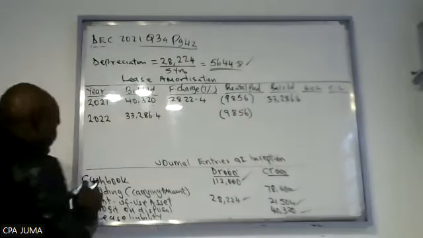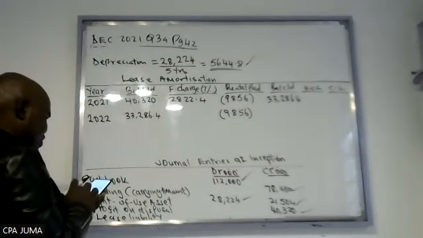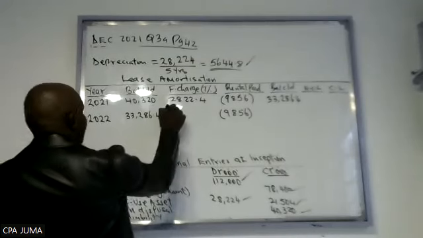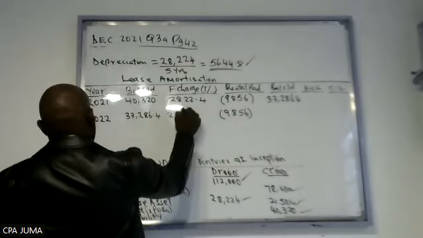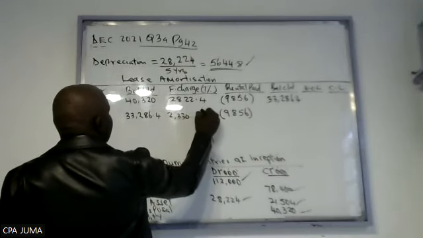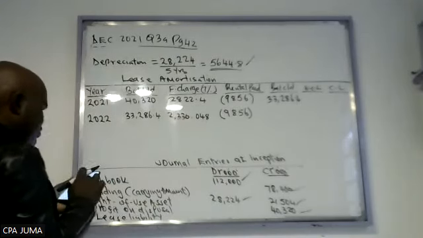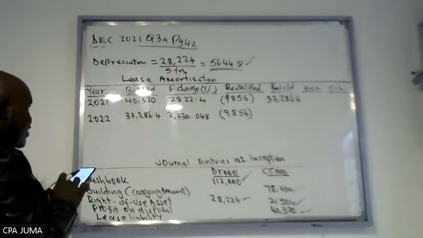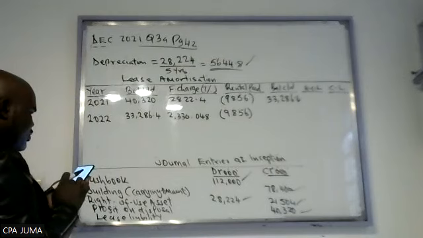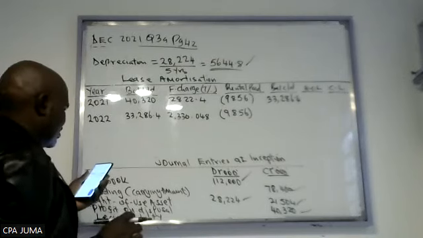33,286.4 times 7%. You get 330.048 plus 33,286.4 minus 98.56.